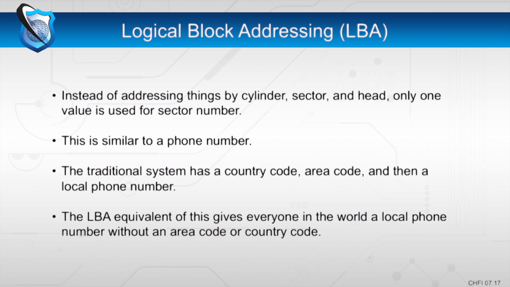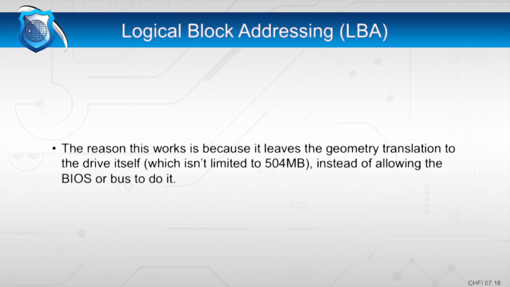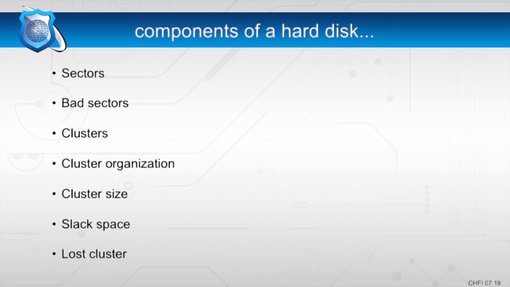You do need to know how much slack space is in each place, but that's going to be a little bit easier to figure out. The reason why this works is because it leaves the geometry translation to the drive itself, which is not limited to the 504 megabytes, instead of allowing the BIOS or the bus to actually do this activity.